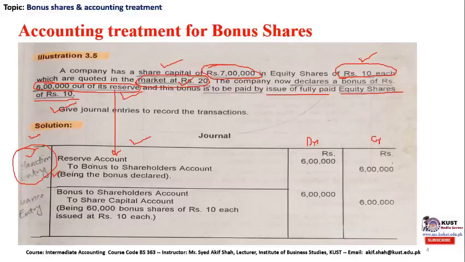So therefore we need to debit our reserve account with 6 lakh rupees, and at the same time credit bonus to shareholder account, because we are issuing the bonus shares to the existing shareholders. So we can write down at the credit side 600,000 rupees. And then we can write a small narration that being the bonus declared. Try to write as short a narration as possible, and as precise and concise as possible.